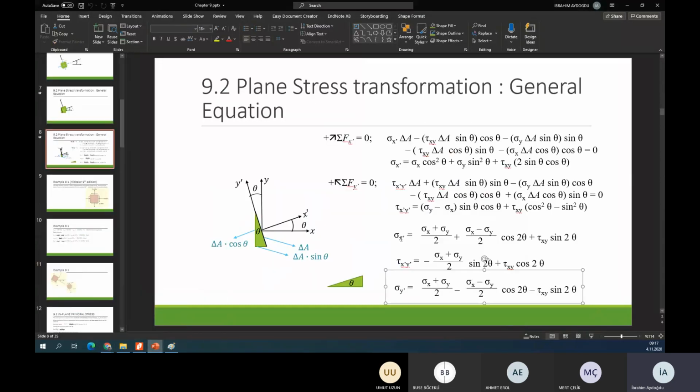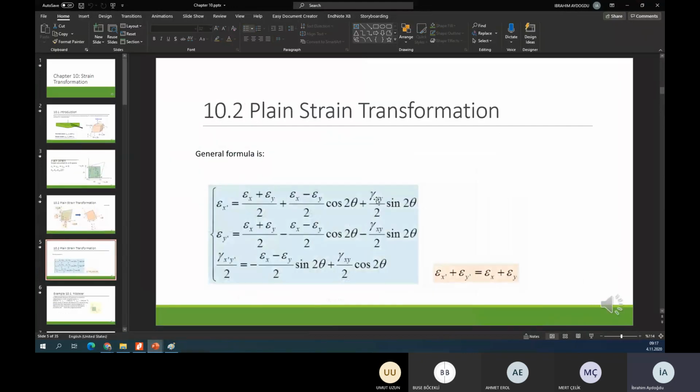You can see just sigma x plus sigma y divided by 2. Here, epsilon x plus epsilon y divided by 2. Almost the same equation, with just one difference. Maybe you recognize it or maybe you didn't.